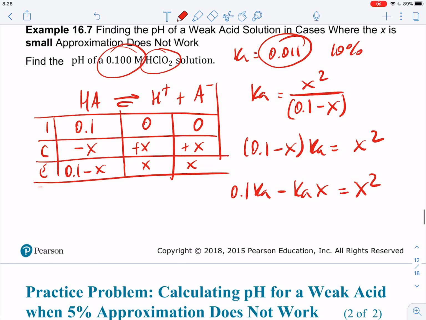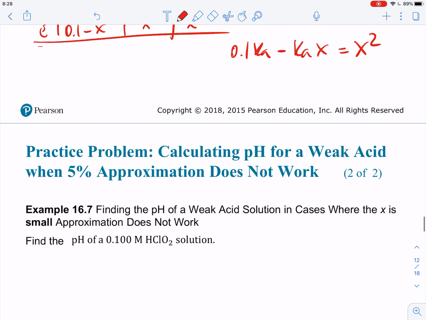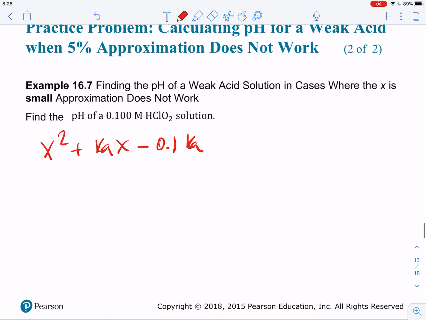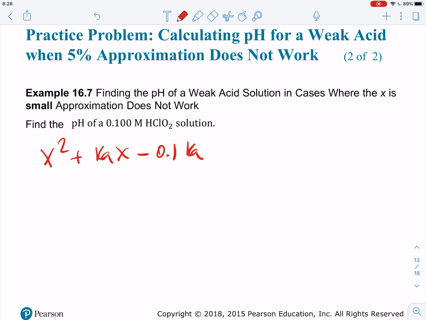If we continue manipulating this equation, then we will end up with X squared plus KaX minus 0.1 Ka. Okay, and at this point you can use whatever method you have for solving a quadratic equation. You can use the formula, you can use a calculator. There is no way I can prevent you from using a graphing calculator to solve this.